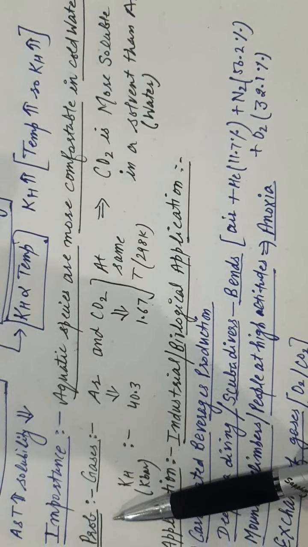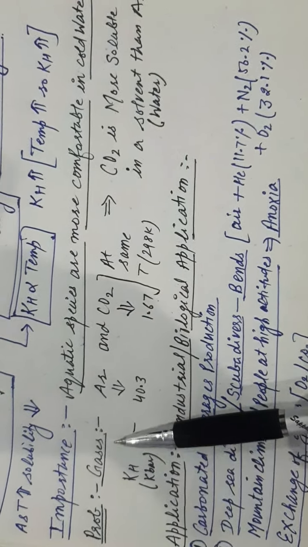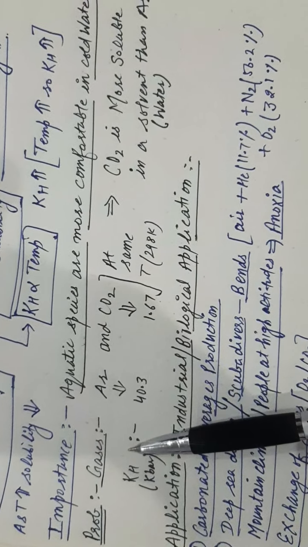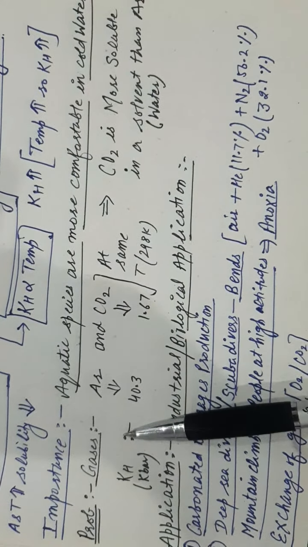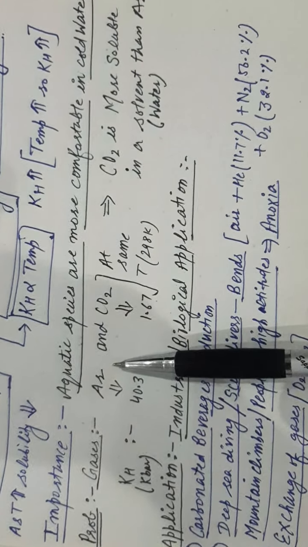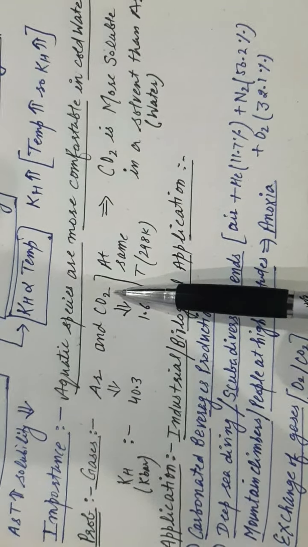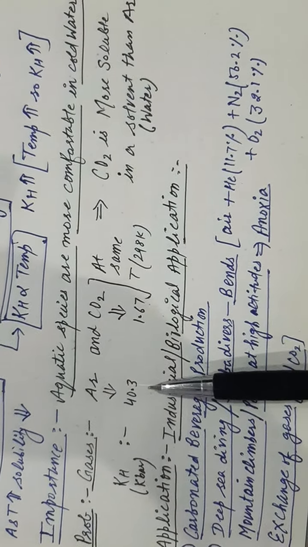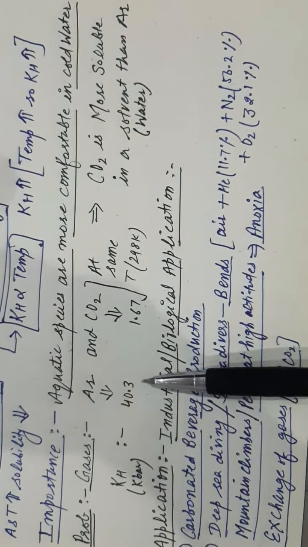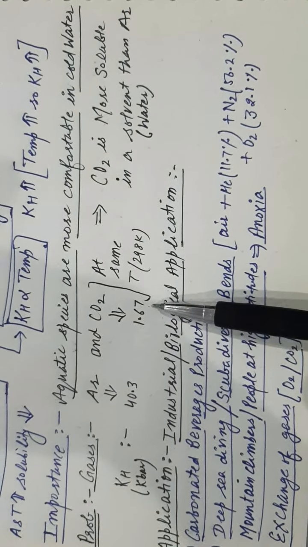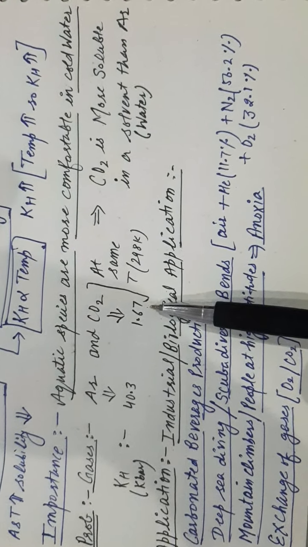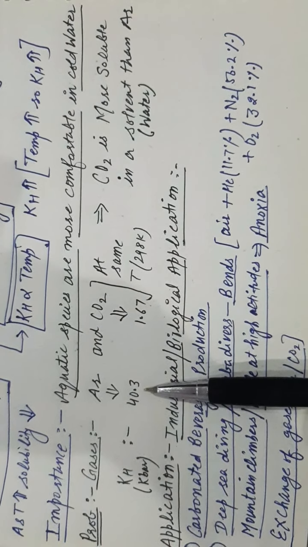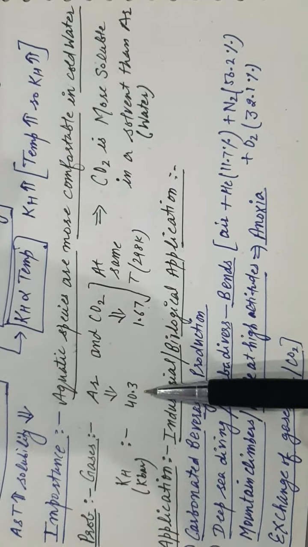Let's take an example or problem having the concept of Henry's law with the Kh constant. There are two gases, argon and carbon dioxide, having their Kh values in kilobar as 40.3 and 1.67. As we know, the more the Kh value, the lesser the solubility.